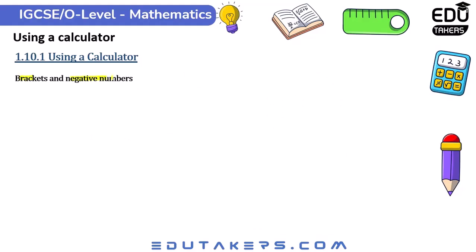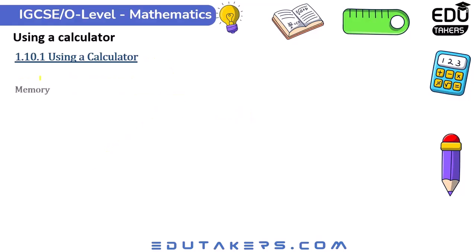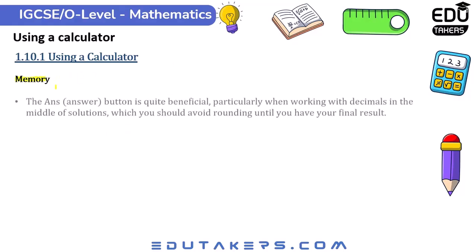Brackets and negative numbers. Always use brackets for negative numbers. Use this button for negative numbers. Check the difference between -3 squared and in brackets (-3) whole squared by calculator. Memory.